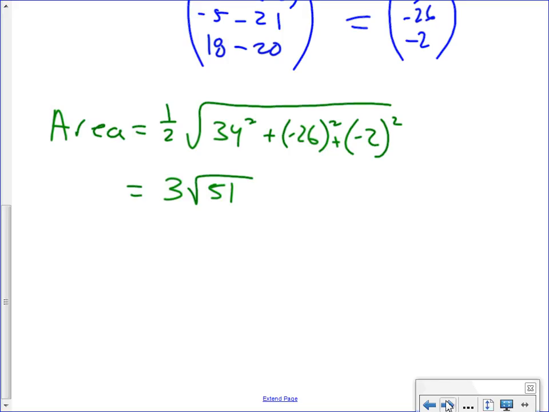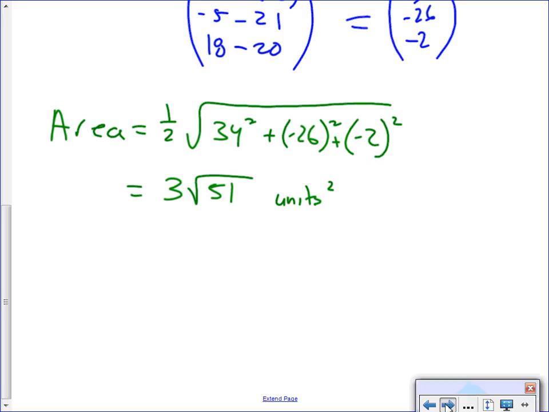Oh yeah, unit squared. So far, so good. Questions, concerns? Good. Keep pushing forward.